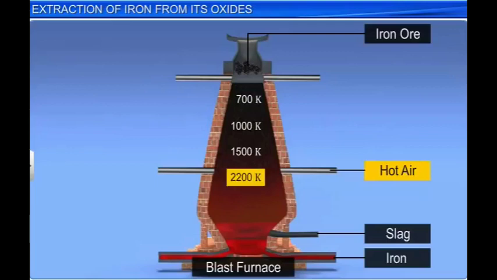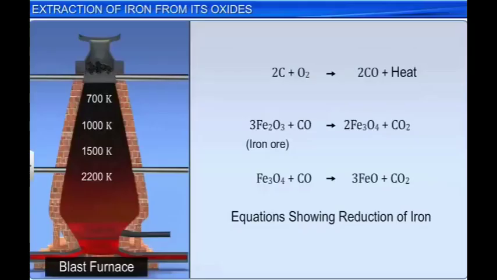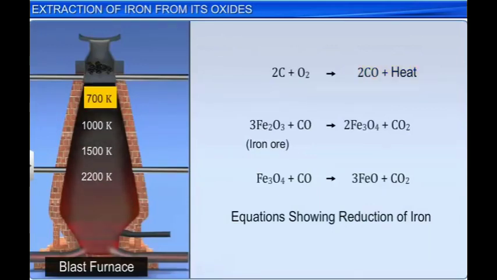When the coke burns, it produces carbon monoxide and the heat required for the process. The heat produced moves upward along with the carbon monoxide. The temperature at the top of the furnace is lower, and hence iron oxides like Fe3O4 and Fe2O3 get reduced to ferrous oxide. The different stages correspond to the intersection points in the curves which we just discussed.